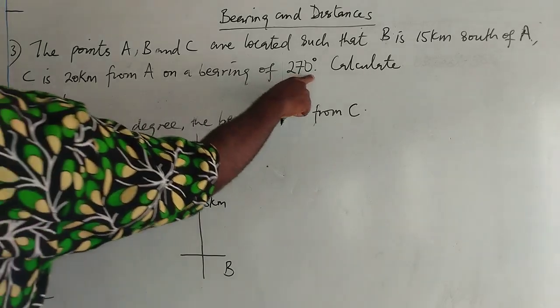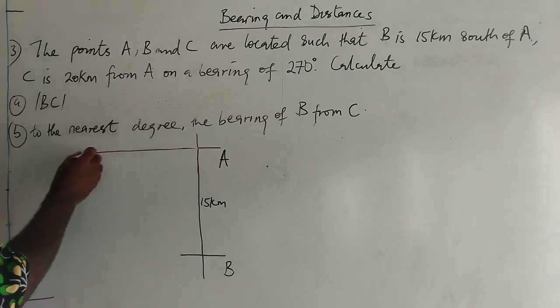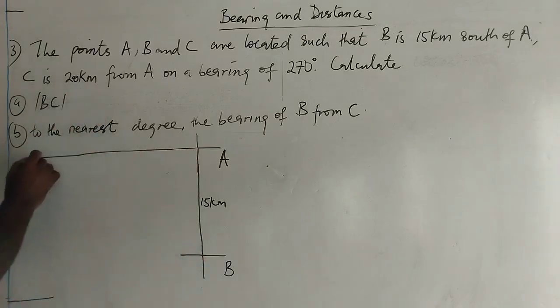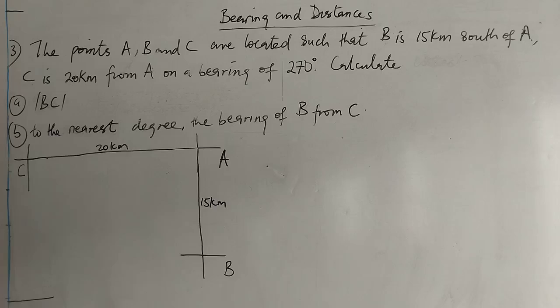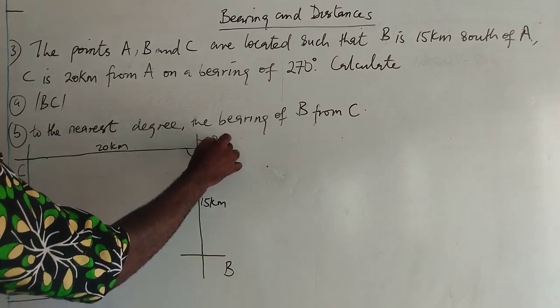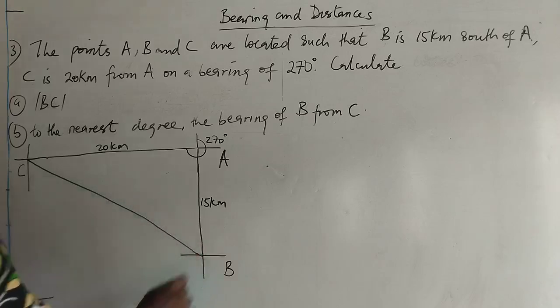So if it's exactly 270, that means it is exactly west of A. Then this line will be longer because it's 20 kilometers. So that is our C, 20 kilometers. And then, of course, the angle is 270 degrees. You close it to form a triangle. The sketch is complete.